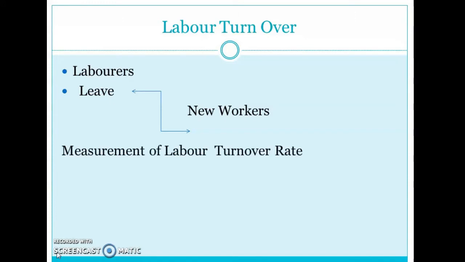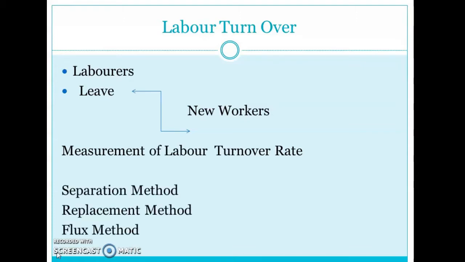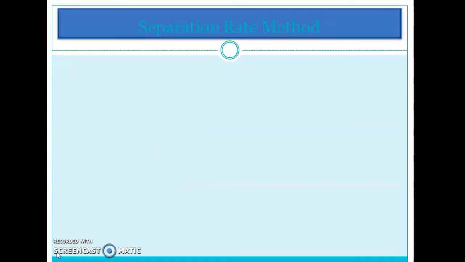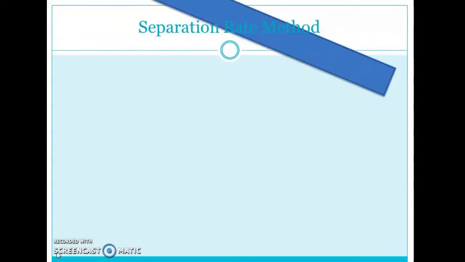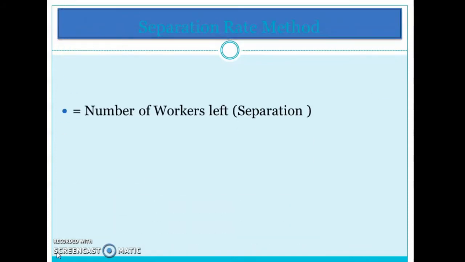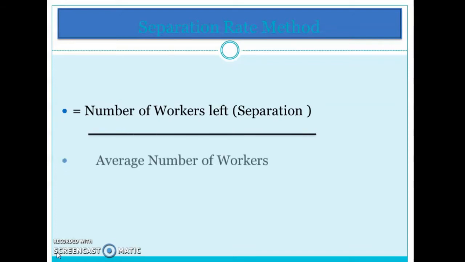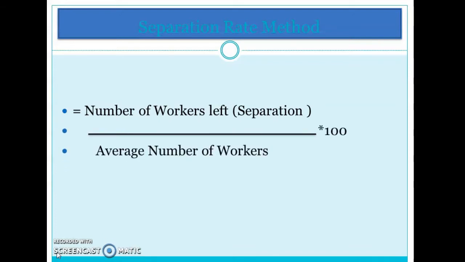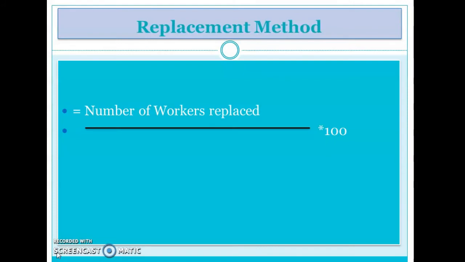For the measurement of labor turnover rate, we can calculate labor turnover by three methods. One is separation method, another is replacement method and the other one is flux method. The formula for separation rate method is number of workers separated divided by average number of workers, into 100. The next one is replacement method.